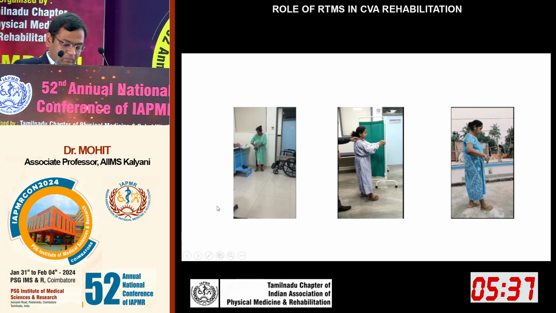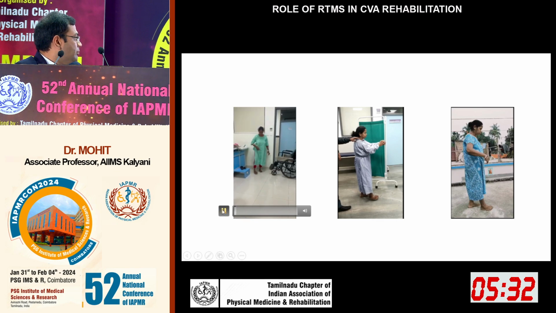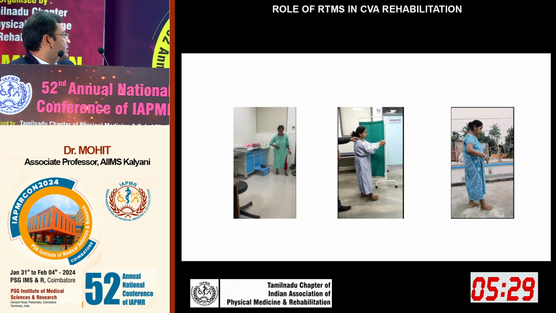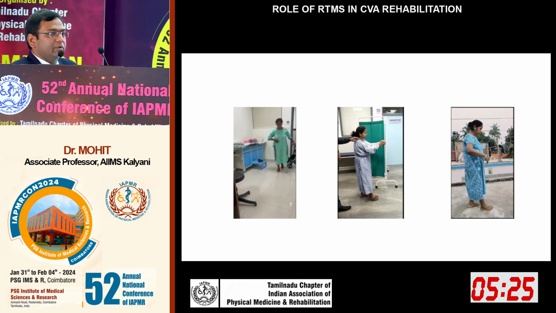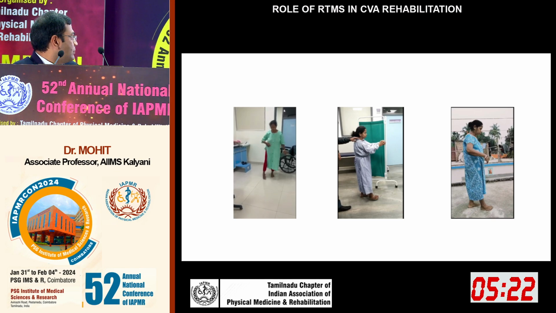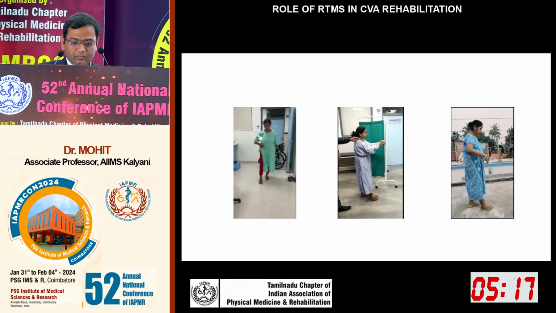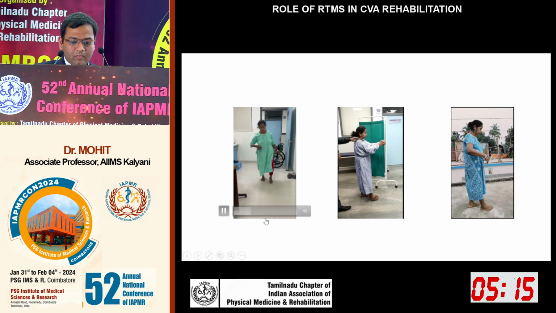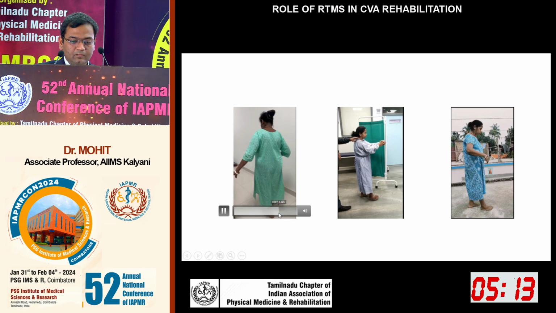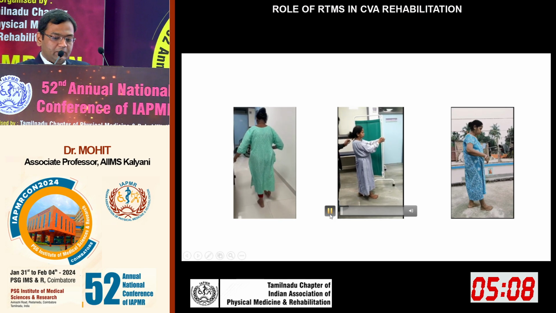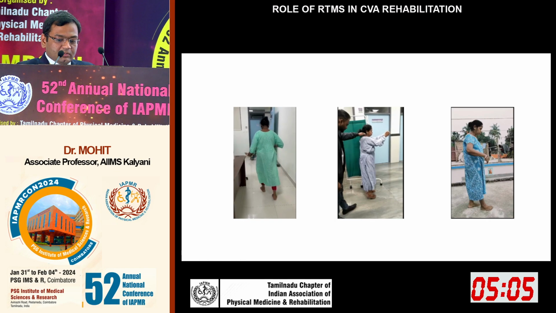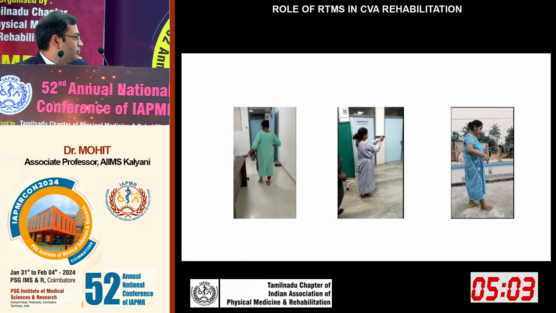So, this is the gait pattern of the patient before starting the therapy. We are seeing much spasticity in the upper limbs and the lower limbs. She is barely able to manage her gait. After 2 weeks of therapy, the spasticity in the upper limbs is much reduced.